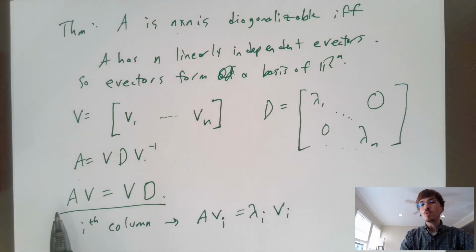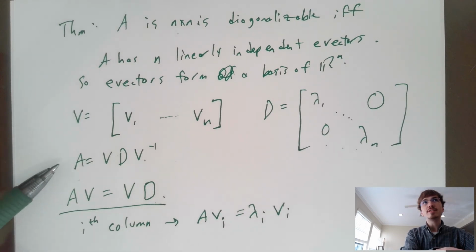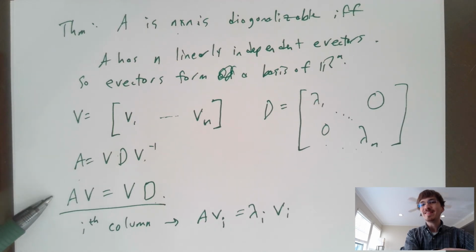And so really what this expression AV equals VD is just a matrix form of all of the eigenvector equations. And the diagonalization, similarity transformation, just solves for A in this AV equals VD. Cool.